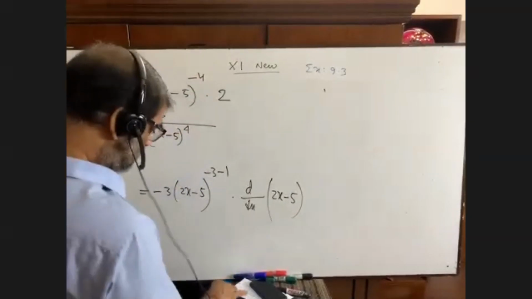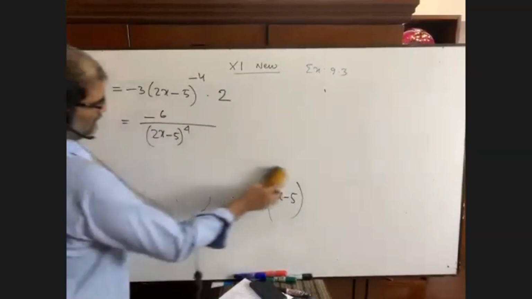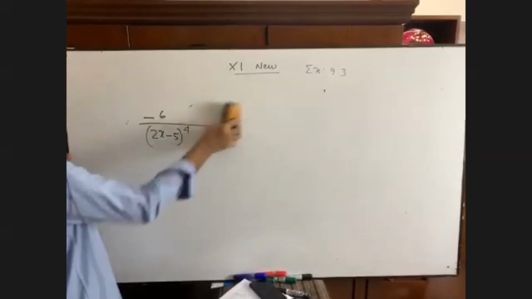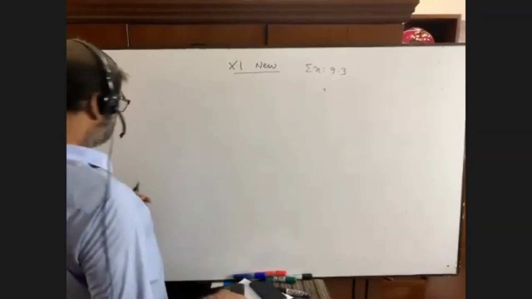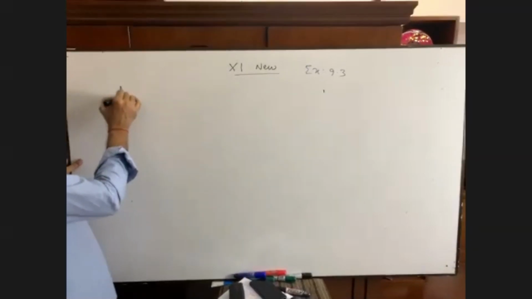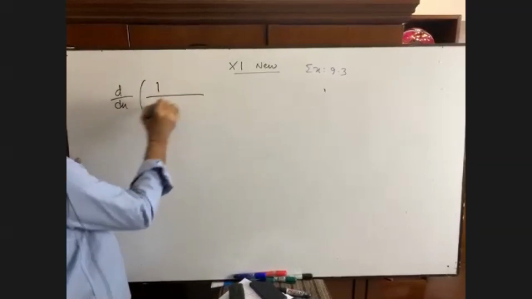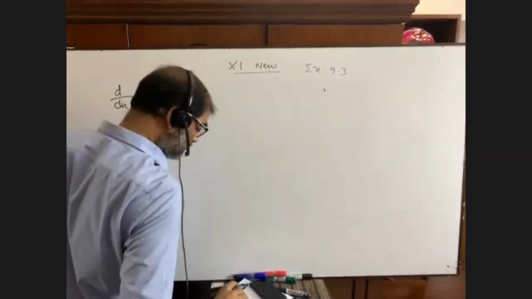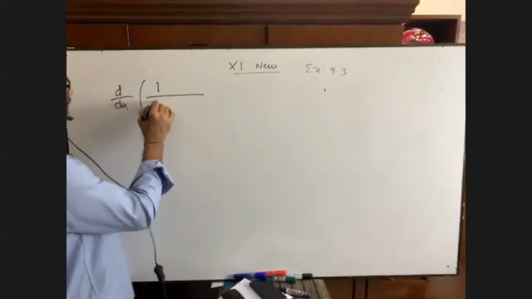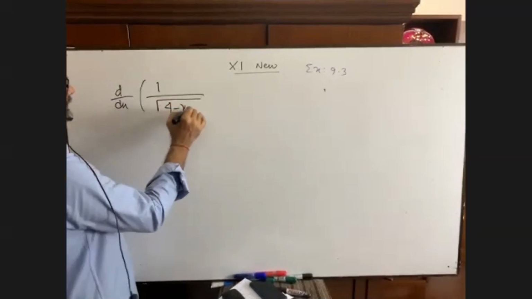Now 1 by root over 4 minus x, the next math. I don't know whether you are here or not. d by dx. Root over 4 minus x. Can you do this math?